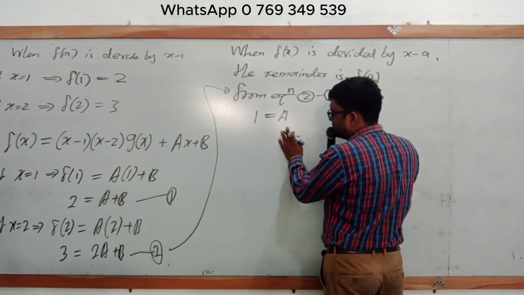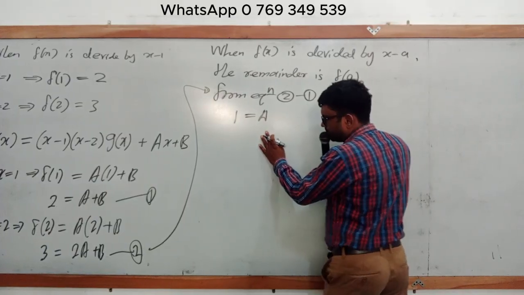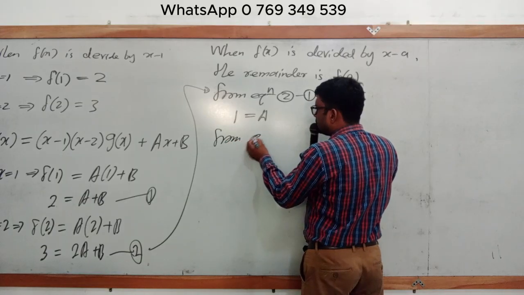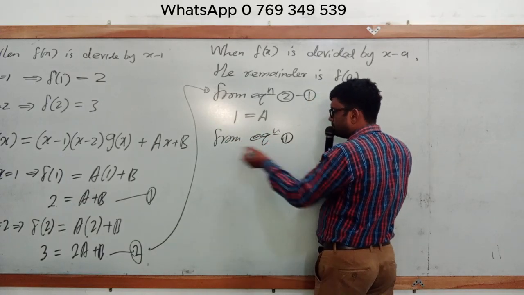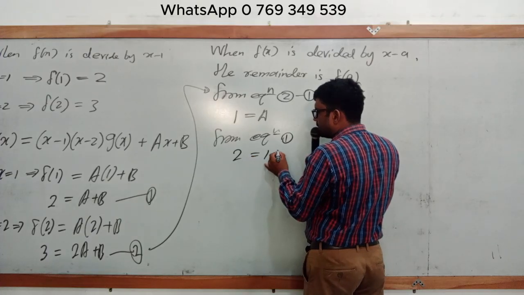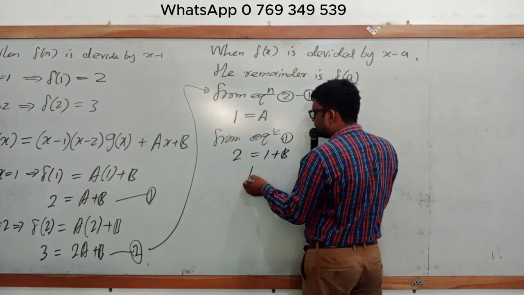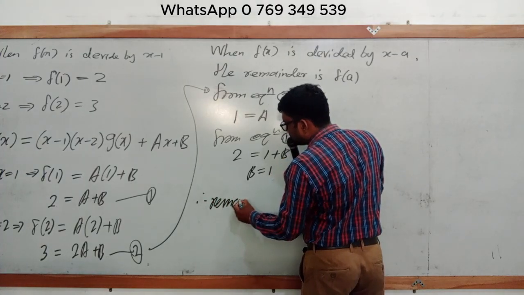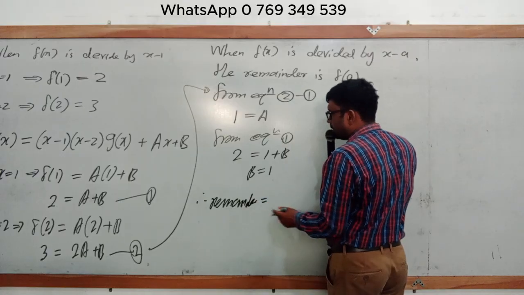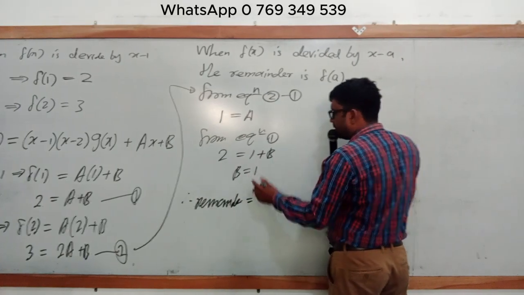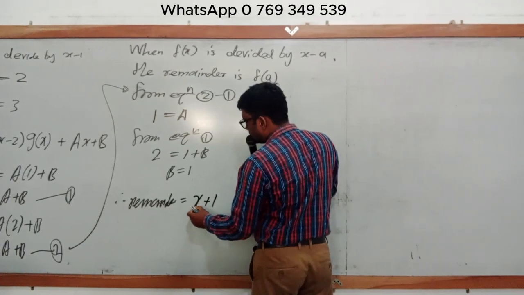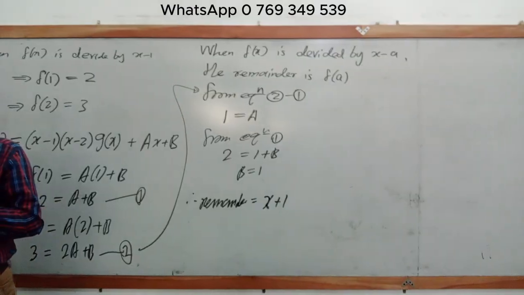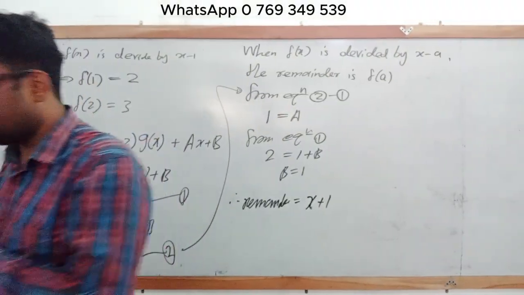Therefore a equals 1. Now in equation 1, we put 2 equals 1 plus b, therefore b also is 1. Therefore the remainder is ax plus b, with a equal 1 and b equal 1: x plus 1. That is finished.